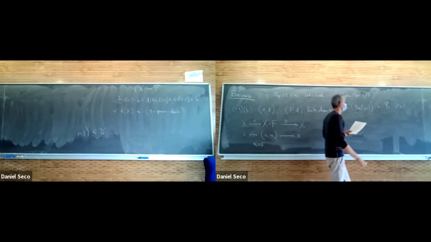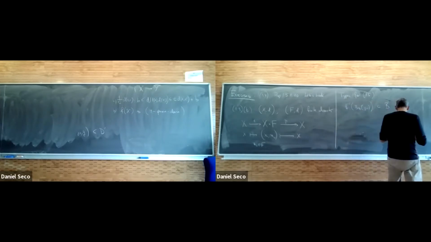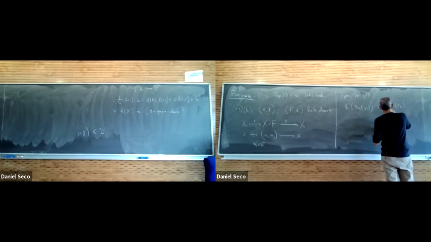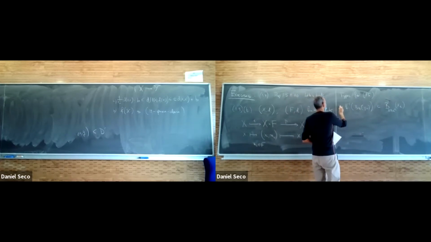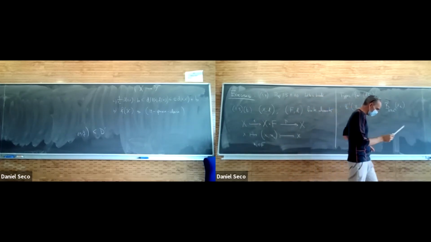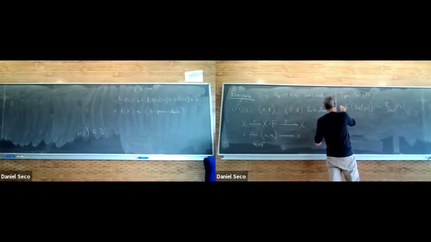And now you have to scale the radius. Now you pay the price of using quasi-isometries, but the correct scaling is 2CR plus C squared. Is this what you say? Okay, so indeed.